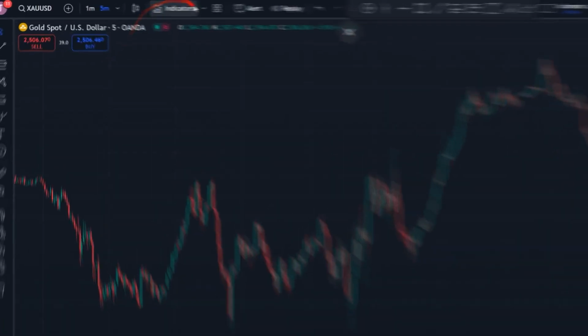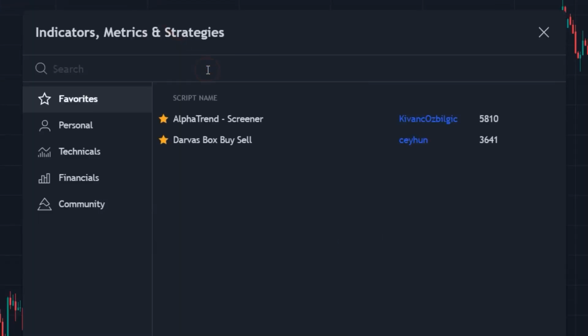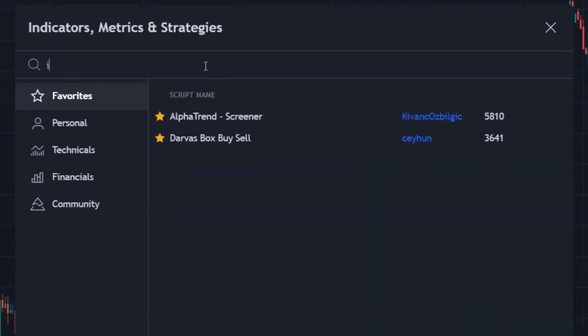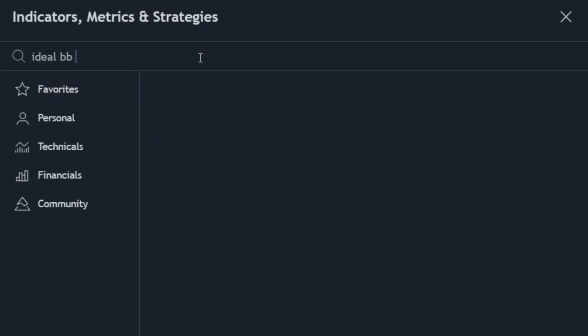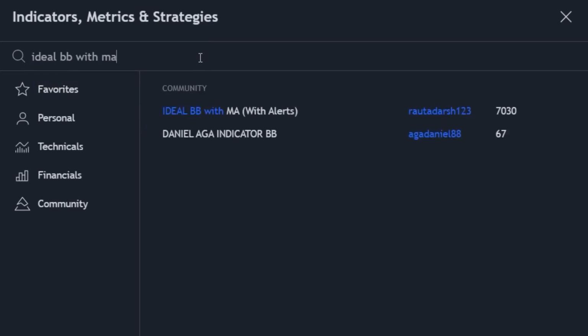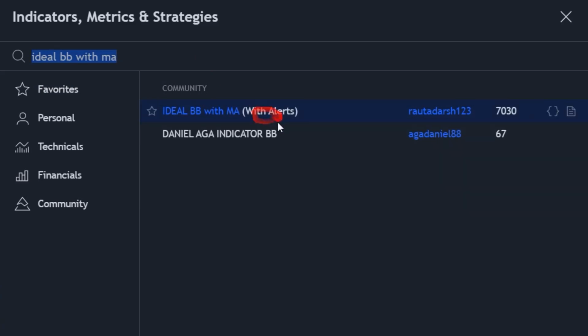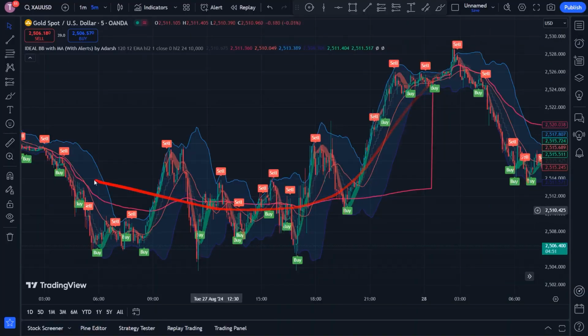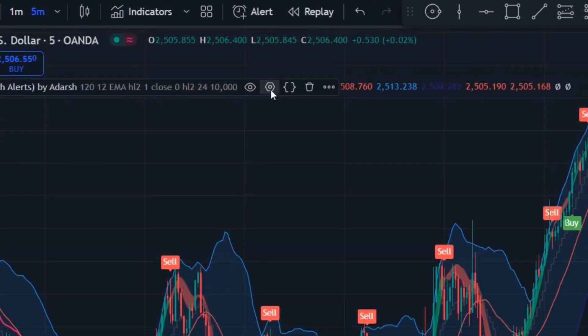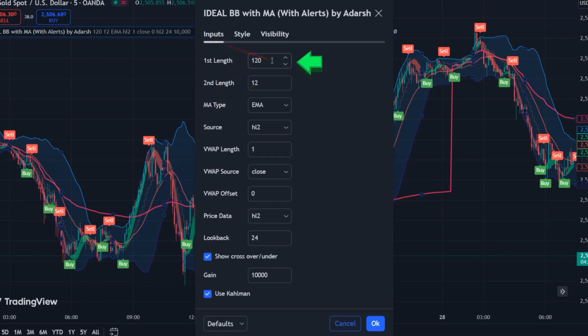Next, we need to go to the indicators section and add the first indicator to our chart. For this, just type in the search box, Ideal BB with MA. Now just select it and add it to our chart. Once we have added it to our chart, we need to go into its settings and make some changes. So please pay close attention to this part.